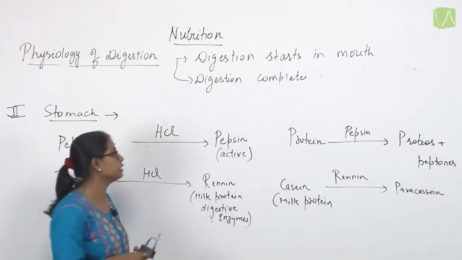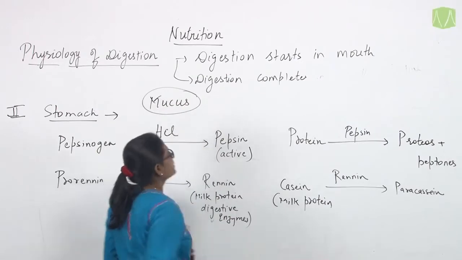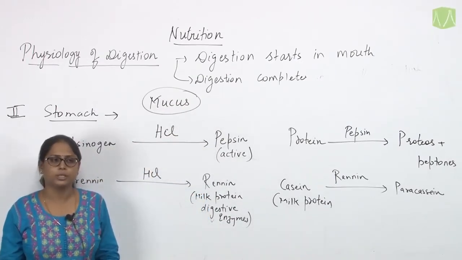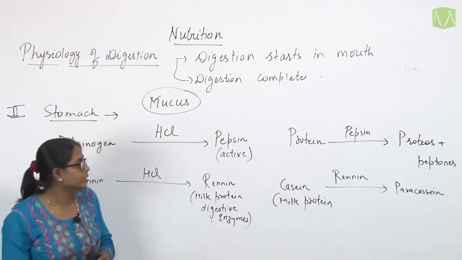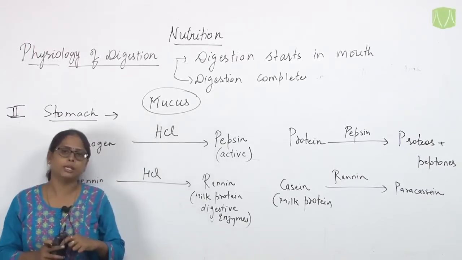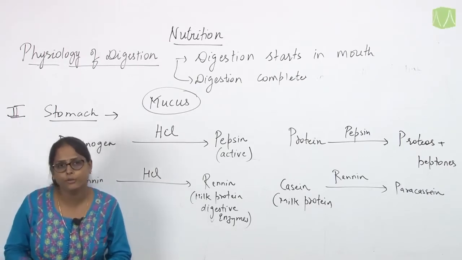of HCl, that is mucus. This mucus is secreted by another type of specialized cells present on the wall of the stomach, that is mucus secreting cells. This mucus is of very lubricative nature, and it actually prevents the action of HCl.